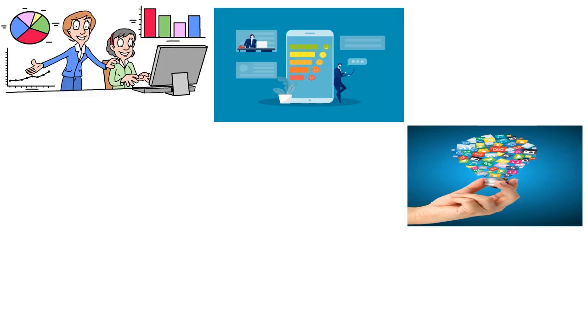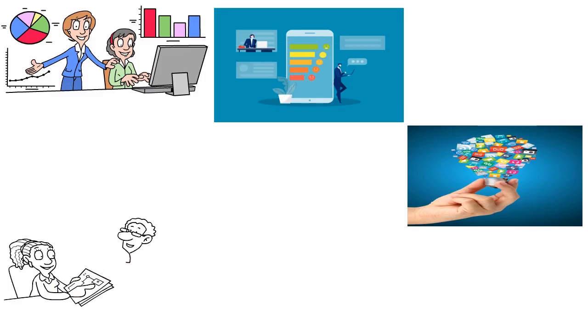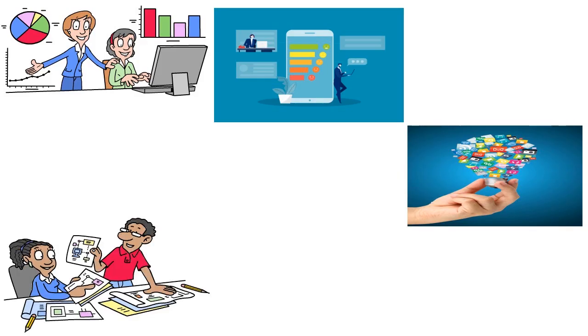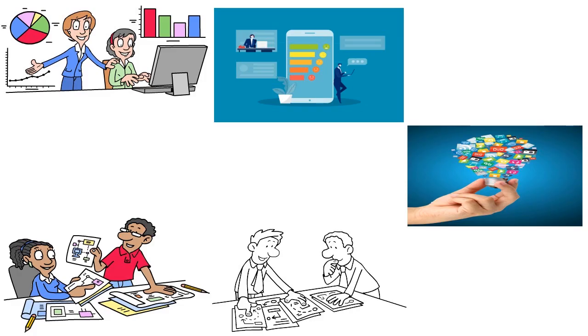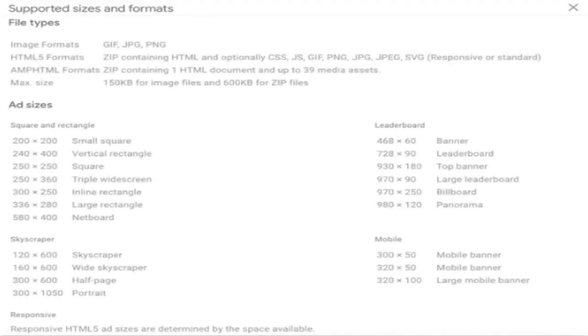HTML5 ads are a bit more rare, so you should be happy when you see this, but they're not a necessity. You want to have all ad groups with at least one responsive display ad, and also banner ads. You can see on the screen here the supported sizes and formats.